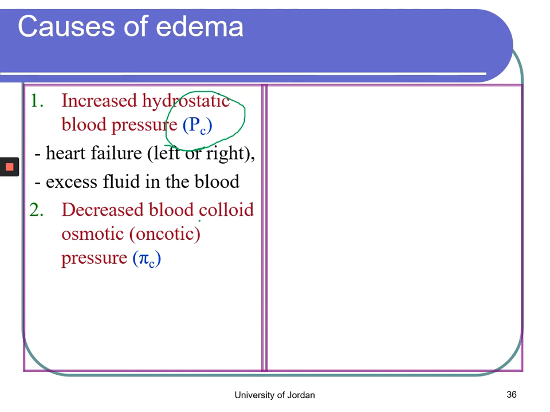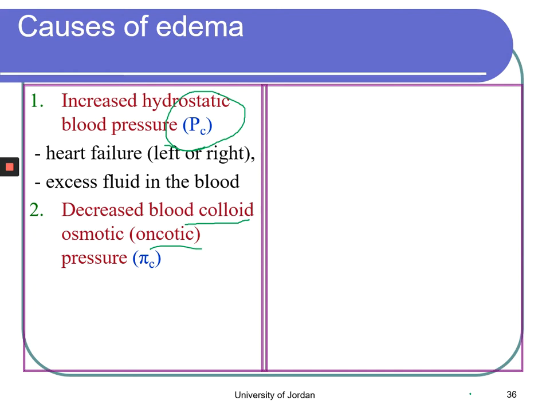The other thing is decrease in the blood colloid osmotic pressure or oncotic pressure. You know, pi c, from the other side of the brackets, pi c minus pi I. If you decrease pi c, also you're going to increase filtration. This is because colloid osmotic pressure or oncotic pressure favors reabsorption.